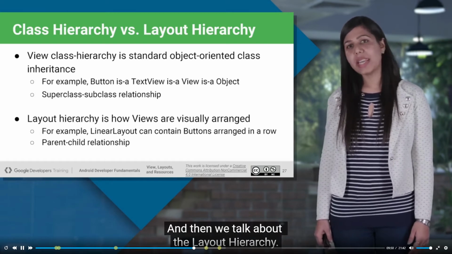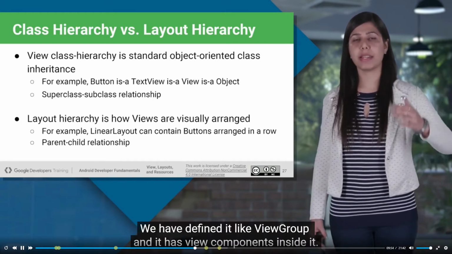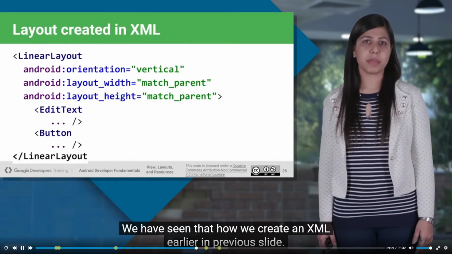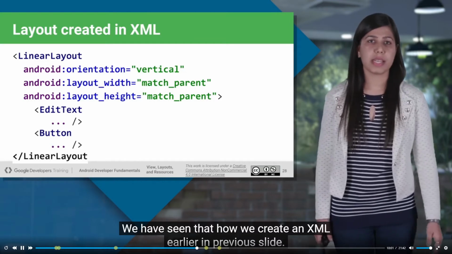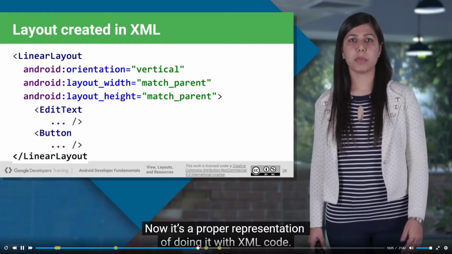And when we talk about the layout hierarchy, we have defined it like view group, and it has view components inside it. We have seen how we create an XML earlier in previous slides. Now, it's a proper representation of doing it with XML code.